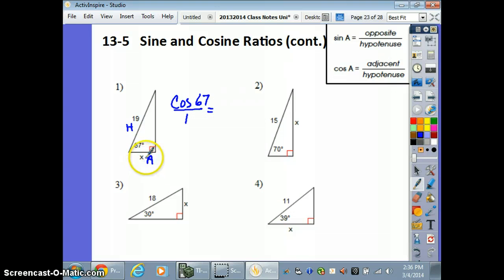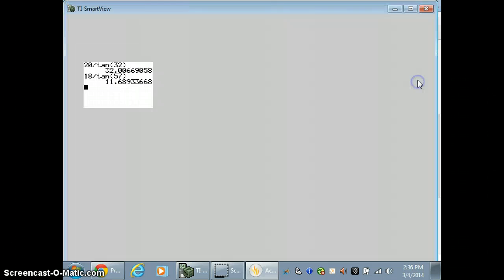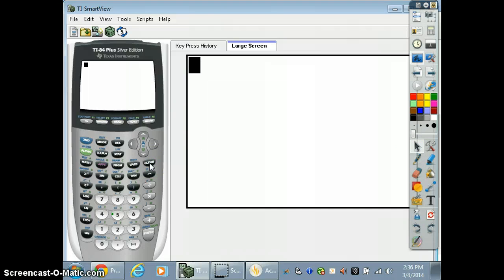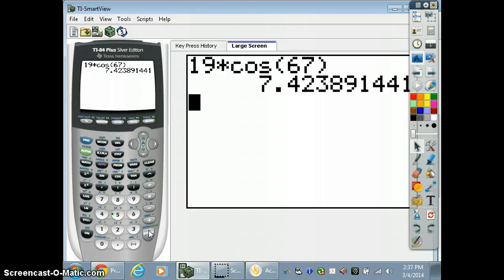Now this would be x adjacent over hypotenuse, 19. Do our cross products. X equals 19 times the cosine of 67. 19 times cosine of 67 is 7.4.